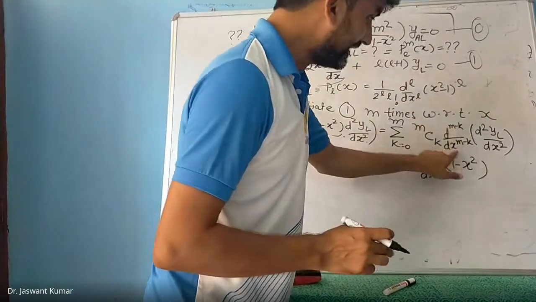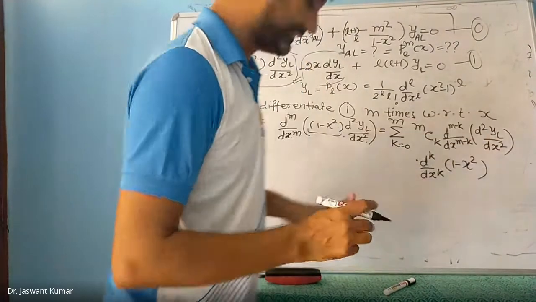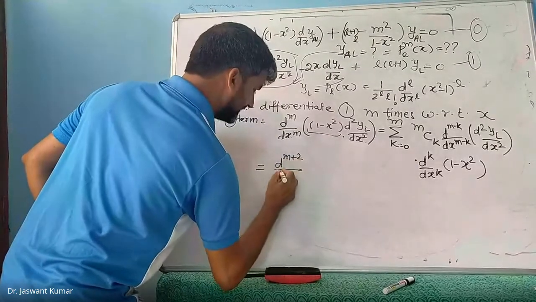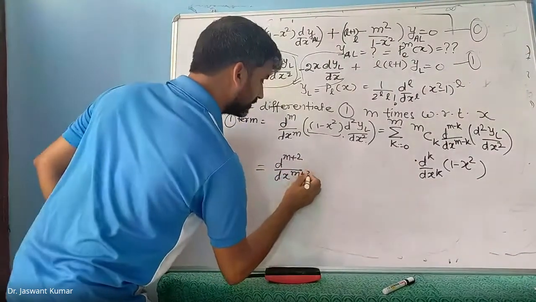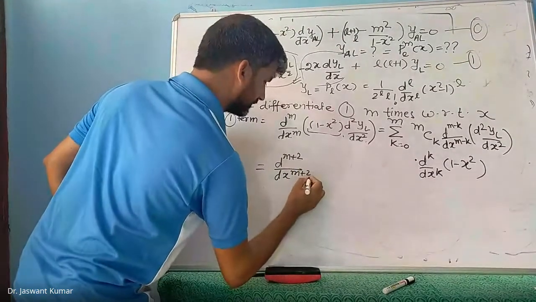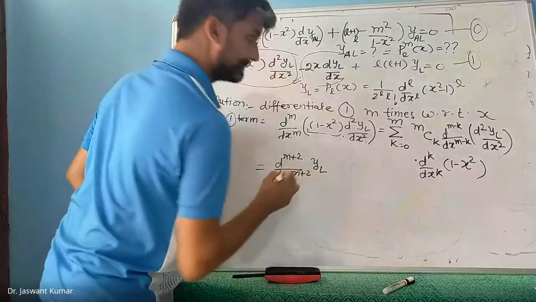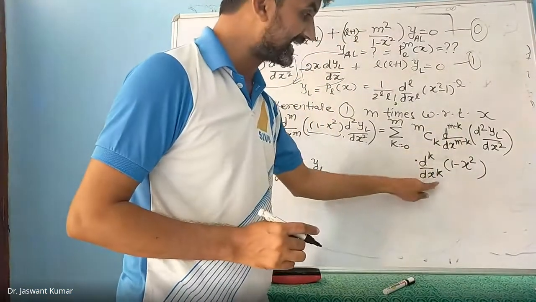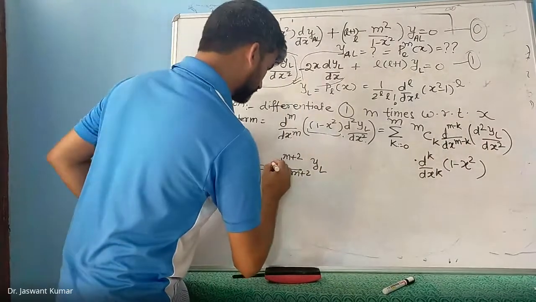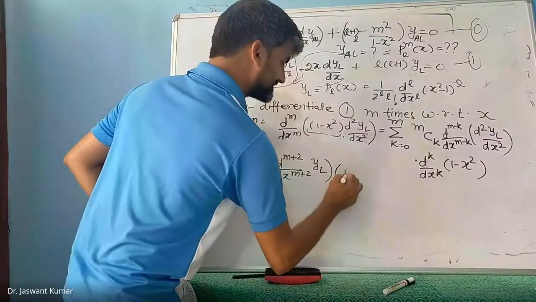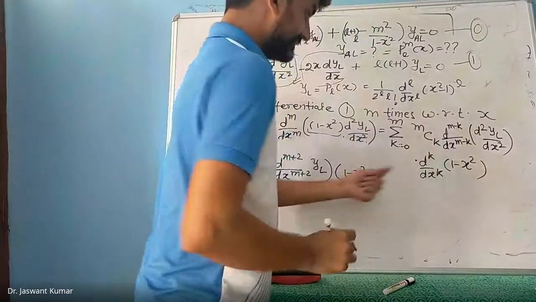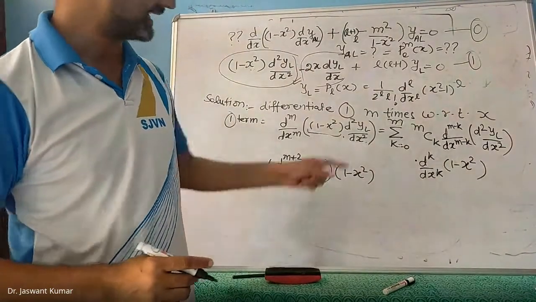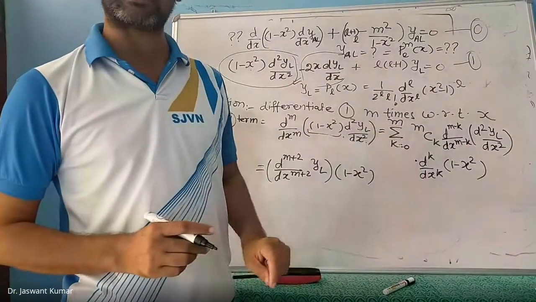So d^m/dx^m of d2/dx2 yl will be d^(m+2)/dx^(m+2) of yl, times d0/dx0 of (1 minus x square), which we know is 1 minus x square, because the zeroth derivative of a function is the function itself. So we have taken care of the k equal to 0 part.